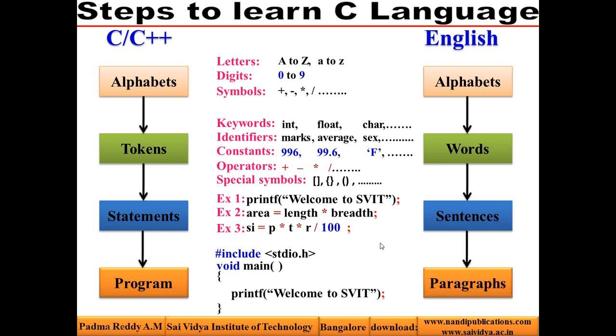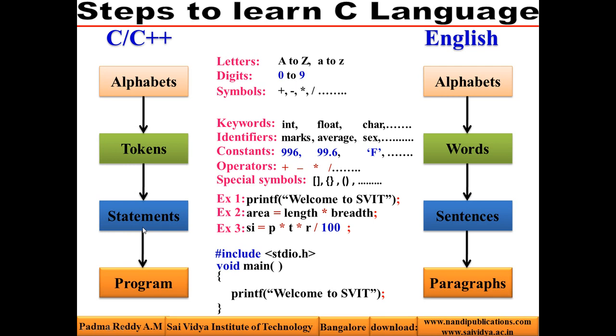Now in short, as a first step we learn the alphabets of a language. In the second step we learn how one or more alphabets can be grouped together to form meaningful words. Those meaningful words we call tokens.